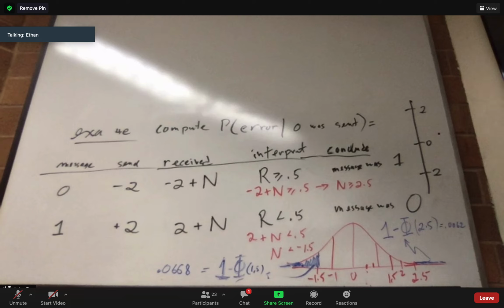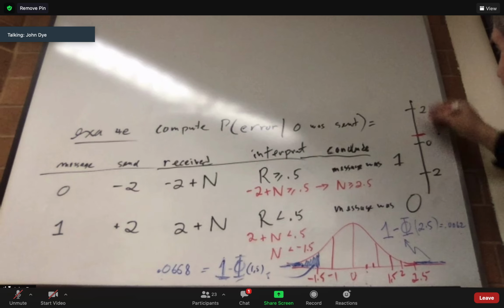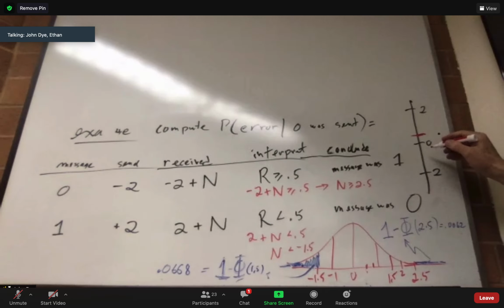So what's being sent has a mean of 0, between the two values, but the interpretation is expecting the mean to be 0.5. So if you're here or above, you're saying that the message was 1, and if you're below, you're saying the message was 0. So it's biased. It errs on the side of -2.